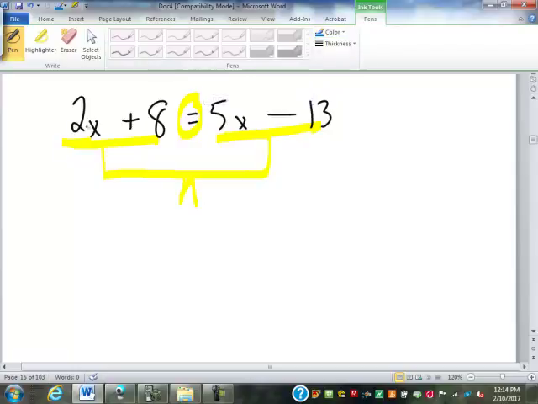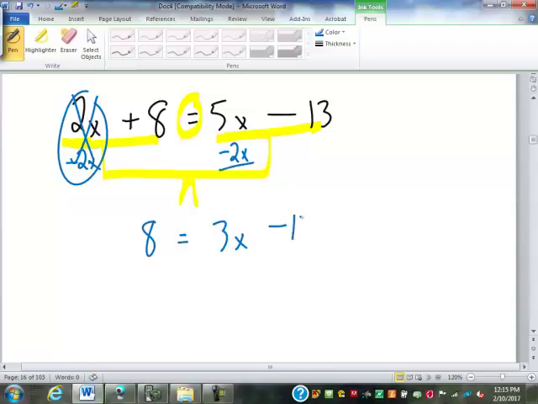So I'm going to get rid of the 2x. Mathematically, we get rid of them by subtracting the 2x. So that's gone. All I have left here is 8. Now I have to remove 2x from the other side because I did it from this side. The only place I can take it from is the 5x. 5x minus 2x is 3x minus 13.